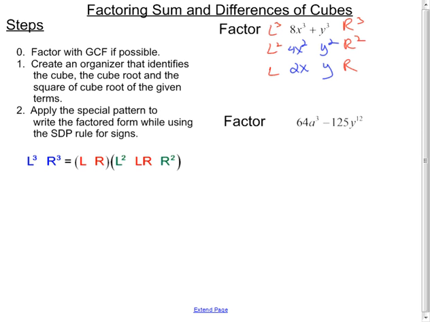Okay? So now I just need to use my special pattern, which means I will be able to factor this into a binomial and a trinomial, and then I'll try and use the magic pen here.